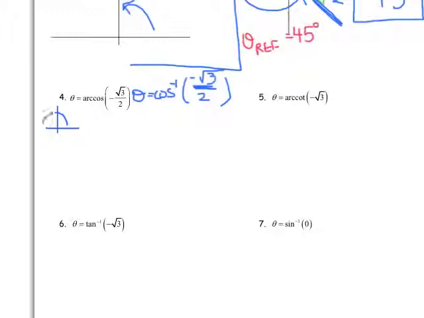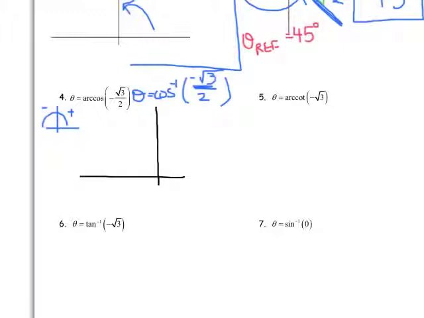And you would be dealing with quadrant 1 for positives and quadrant 2 for negatives. And since this is cosine, then this story fits. I am in this story. I have a negative ratio, so I must be in quadrant 2. So go ahead and draw quadrant 2 nice and big.